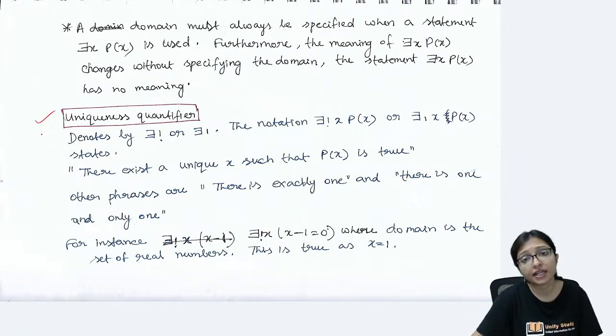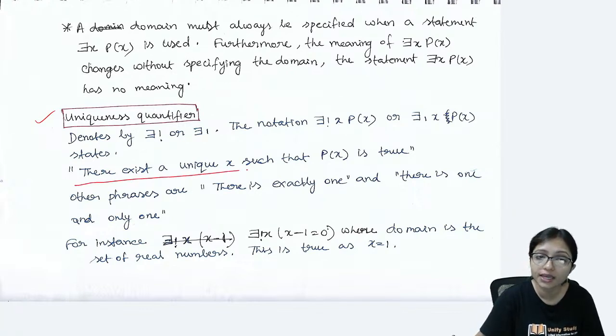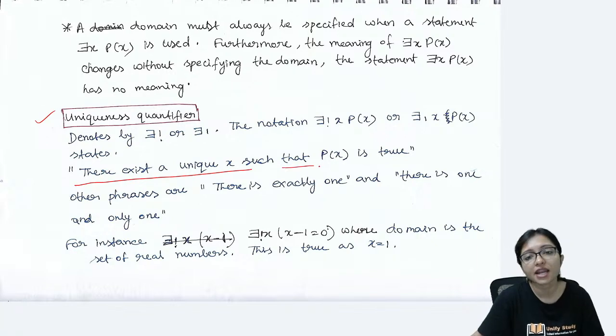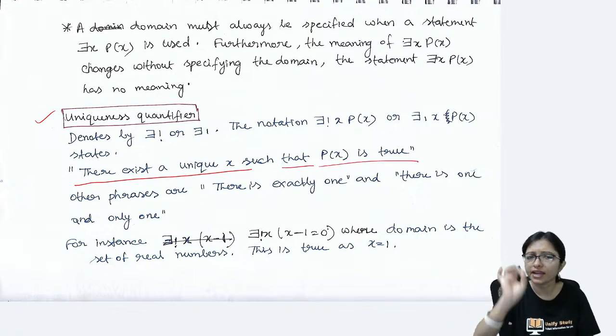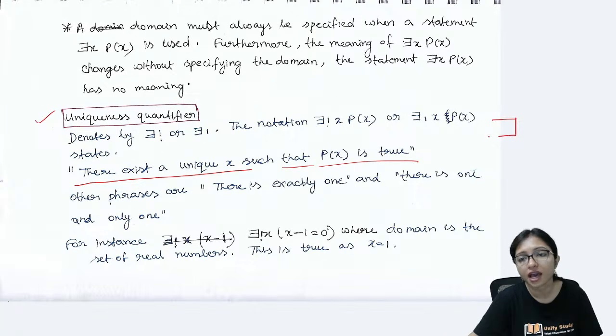Uniqueness. Sometimes questions are coming from here also. Uniqueness means there exists a unique x such that P(x) is true. Very unique. And then we are doing this symbol. This is the symbol of unique. There is a difference between there exists.